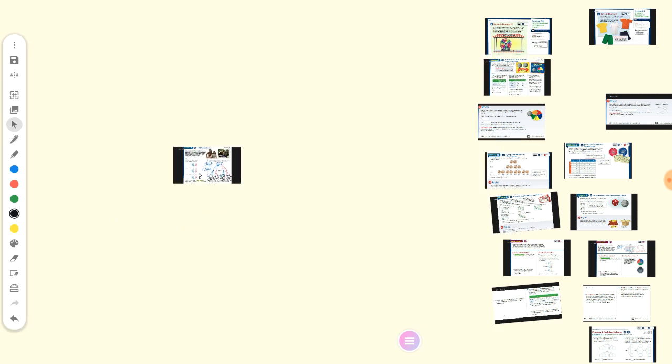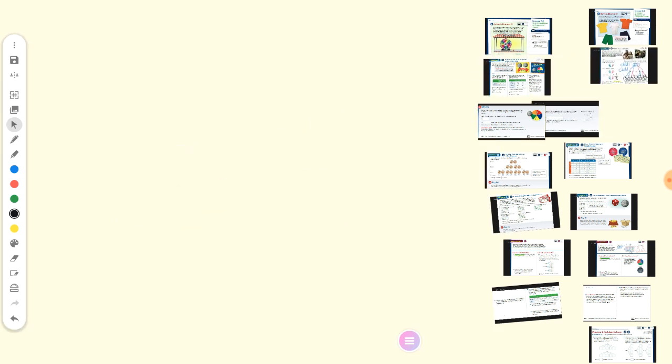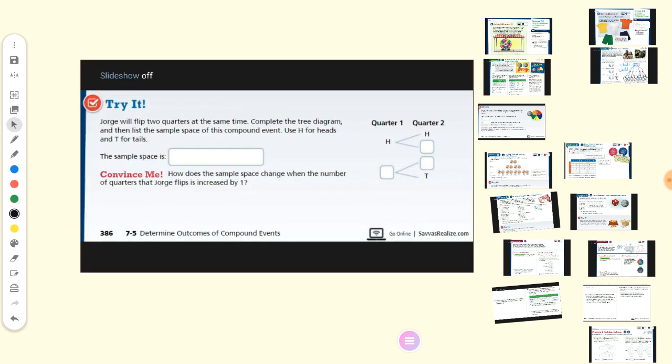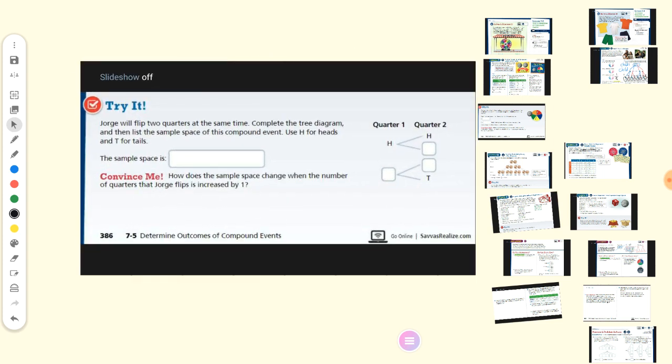Another example. George will flip 2 quarters at the same time. So I have 2 quarter coins. I will flip them 2 times. I will use a tree diagram here. First time, it may be head or tail.